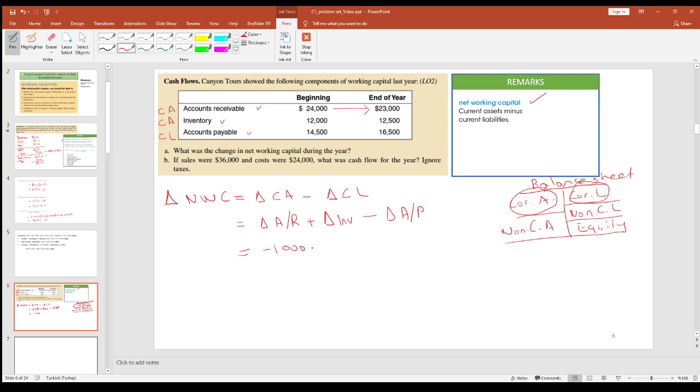Plus, because inventory will be positive, the difference between beginning and ending is 500. Minus, as you see, accounts payable increased by 2000, so I need to write minus 2000. So the result will be minus 2500, and this is A.